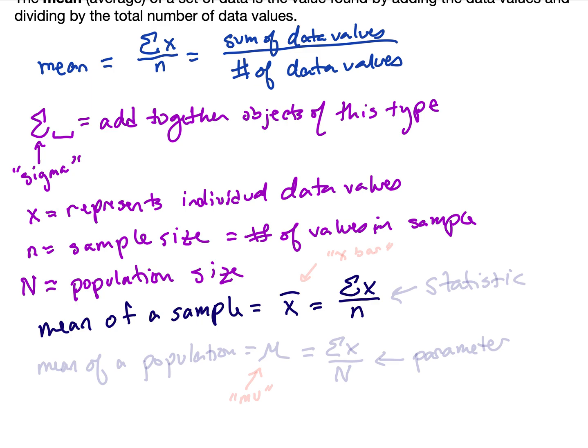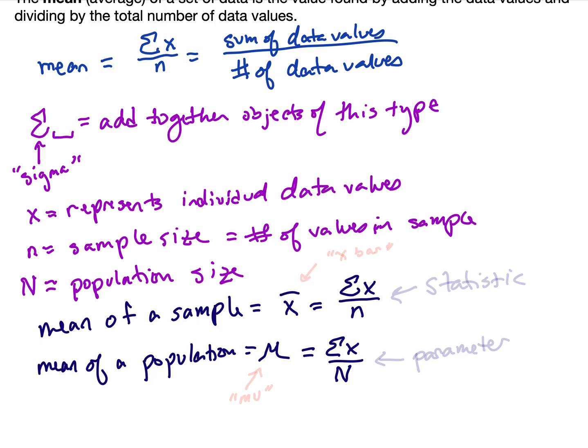And the mean of a population is the same thing, but we use different notation for it. We call this mu, and this again is the sum of each of the data values in the population divided by the size of the population, capital N.